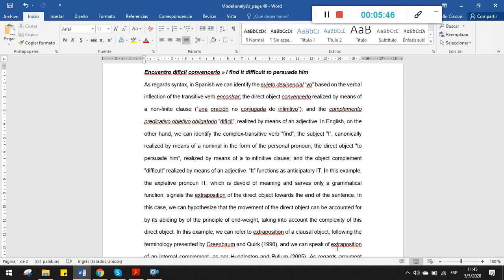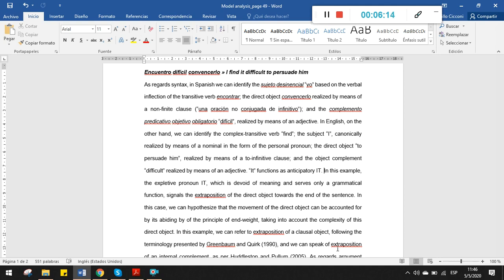We can then speak of the principle of end weight, taking into account that the direct object in this example is realized by means of a clause, a to-infinitive clause, and not by means of, for example, a noun phrase. A to-infinitive clause is a more complex and longer constituent.